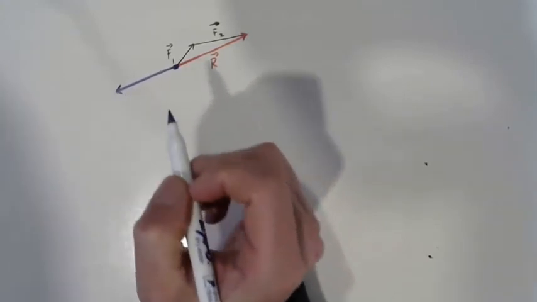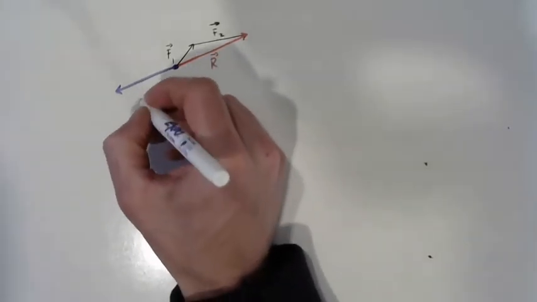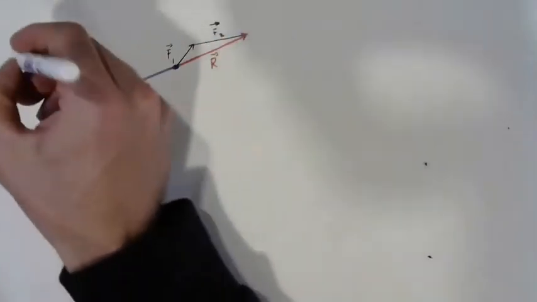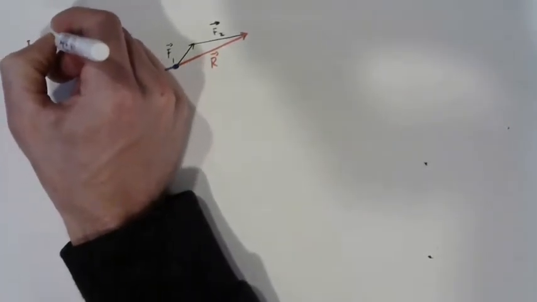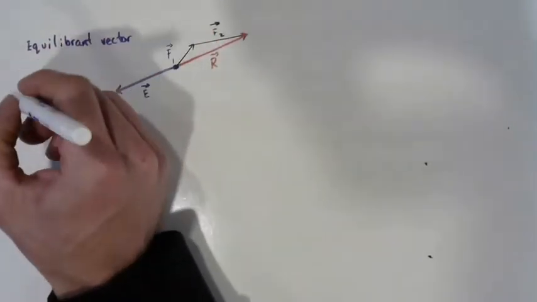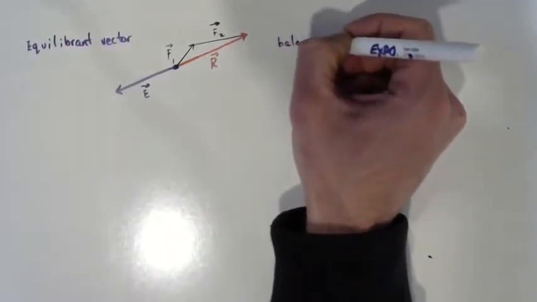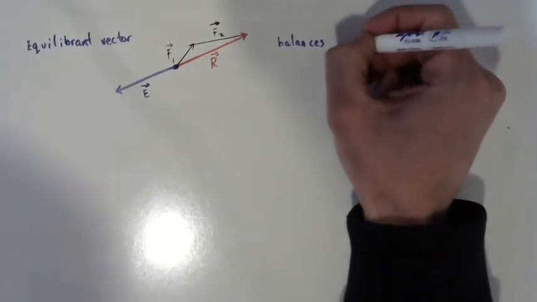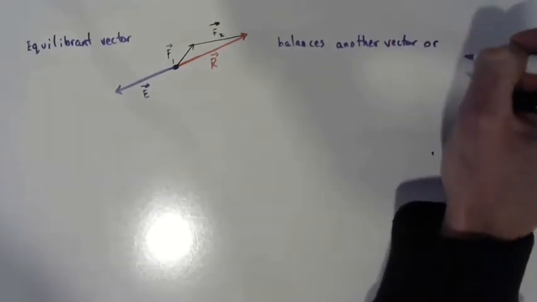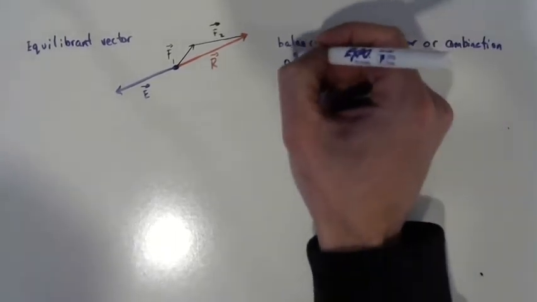Again, I would probably have to bring out my ruler, and I'd have to make sure that this was the same length as this. I'm going to call this vector E for the sake of our notes. What did we do here? We have the equilibrant vector. What does it do? It balances another vector or combination of vectors.